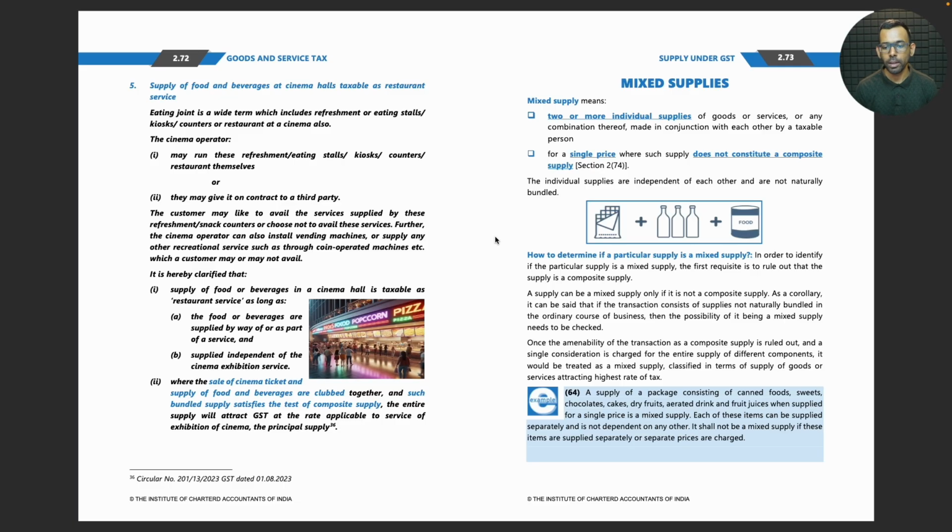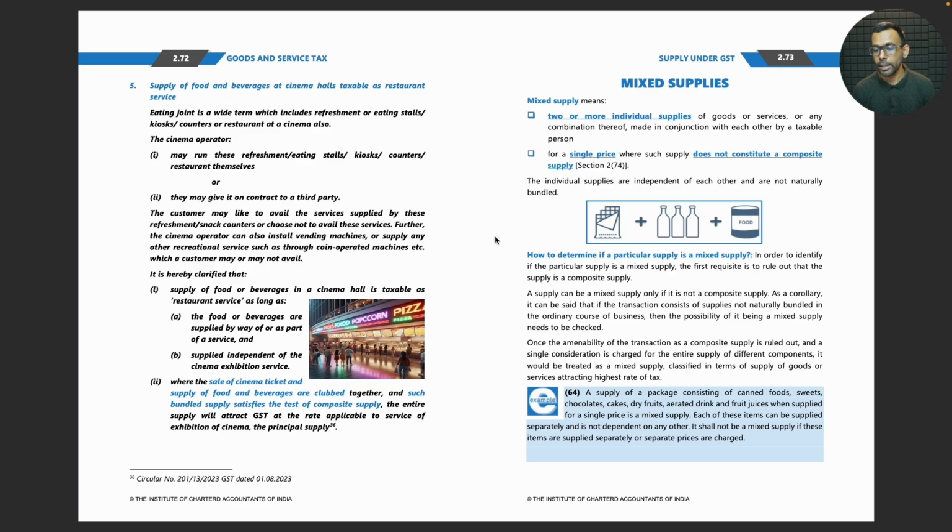In order to identify if the particular supply is a mixed supply, the first requisite is to rule out that the supply is a composite supply. A supply can be a mixed supply only if it is not a composite supply. As a corollary, it can be said that if the transaction consists of supplies not naturally bundled in the ordinary course of business, then the possibility of it being a mixed supply needs to be checked.